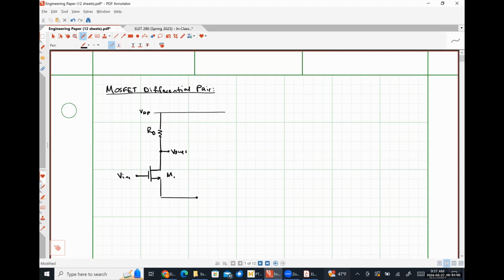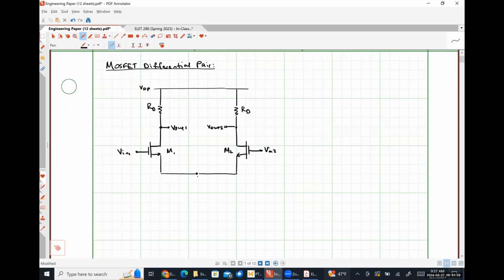Now on the other side of the circuit, I'm just going to effectively match that. Here's RD, Vout2, transistor M2, input voltage VN2, and now we're going to have a tail current ISS.